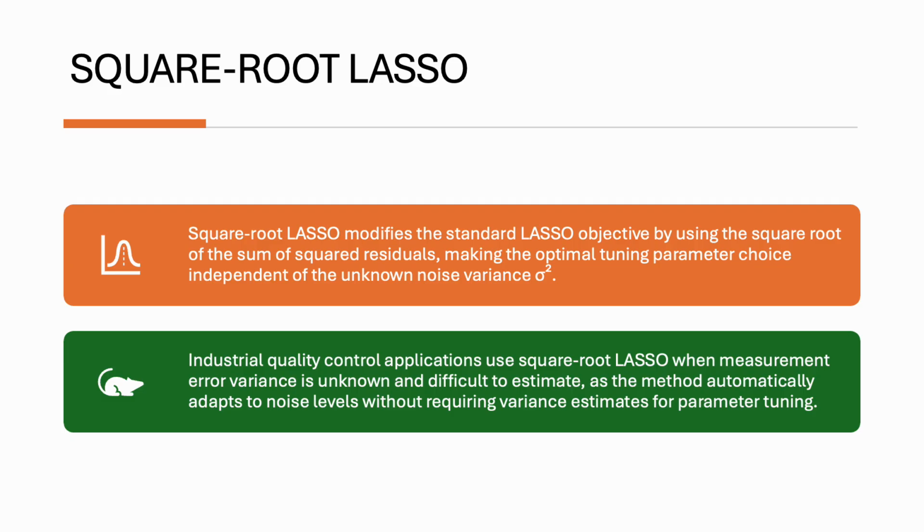Industrial quality control applications use square root lasso when measurement error variance is unknown and difficult to estimate, as the method automatically adapts to noise level without requiring variance estimates for parameter tuning.